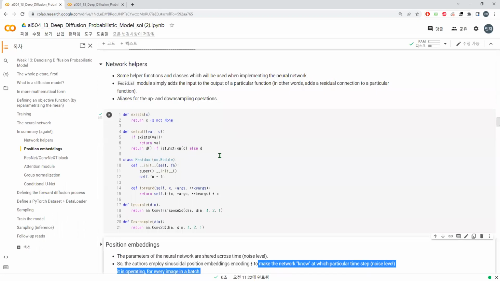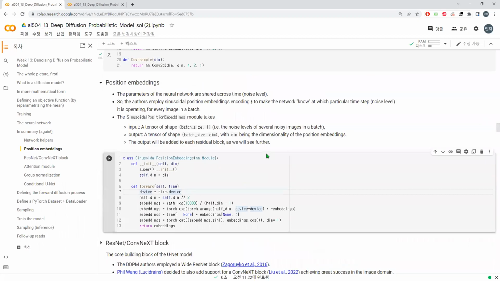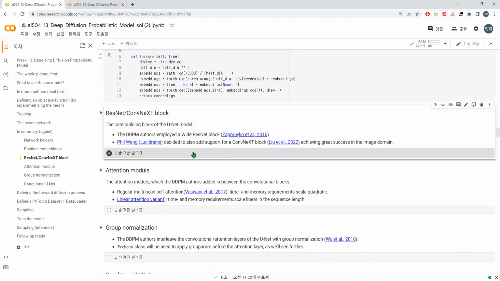Okay, running. The next step is the unit model, which is highly modularized, and you can choose a ResNet or ConvNeXt block for building our unit model.